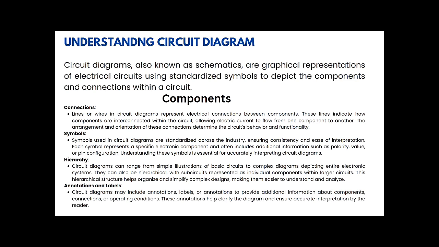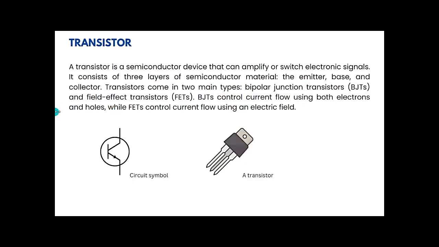So all components connected in the circuit are represented by circuit symbols, like a resistor, capacitor, batteries, and all the other components like that. These are important components of a circuit diagram.